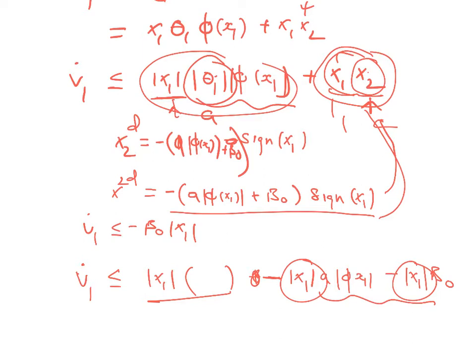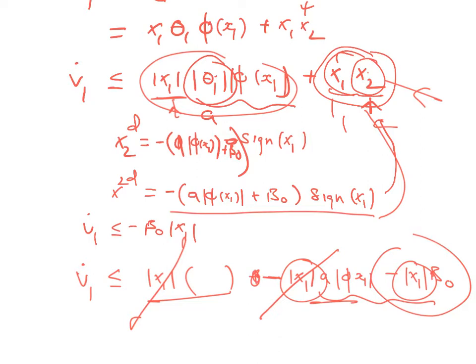That's why I kept the absolute value there, but not here, because I want to choose x2 such that the multiplication cancels out, and then you're remaining with this minus beta 0 mod of x1. So this is the concept. Now you have used sliding mode.